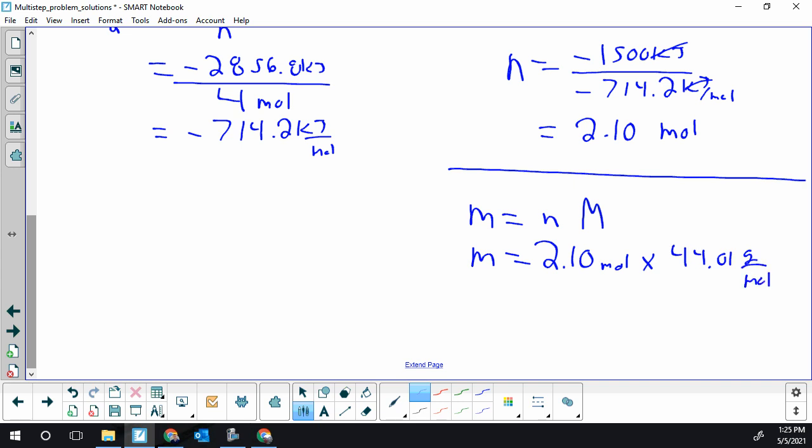So that is the mass of 1 carbon plus 2 oxygens. And we get 92.4 grams of CO2 had to be produced to get that 1500 kilojoules. This would be a pretty typical test question, and it is something that should be doable with lots of practice in the 3 to max 5 minute time frame.